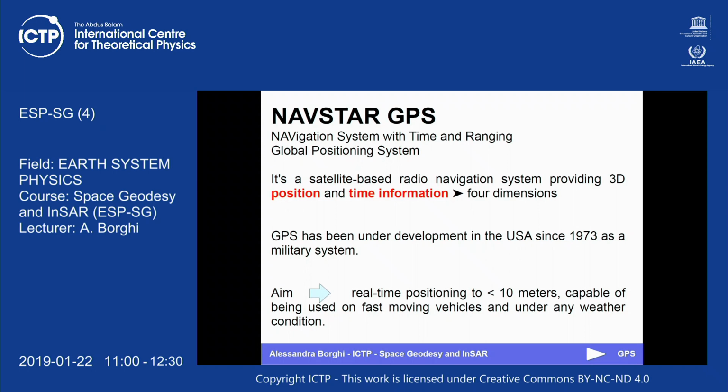It means that you can't have objects between the 2 points, but also that often you cannot perform measurements during the night or with bad weather conditions, with fog or something like this. GPS works everywhere and with any weather condition.